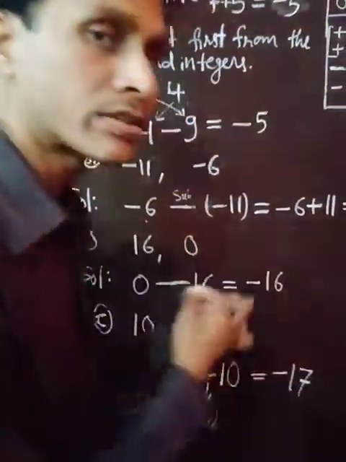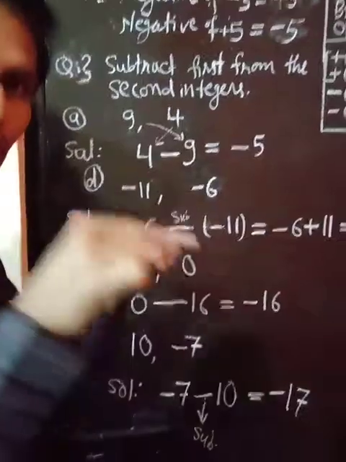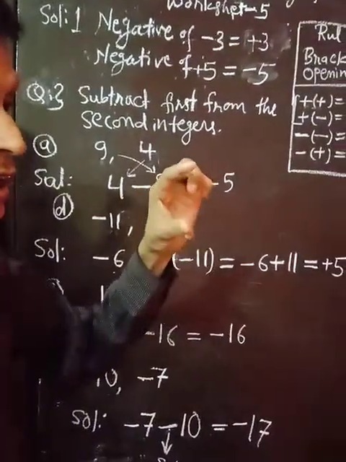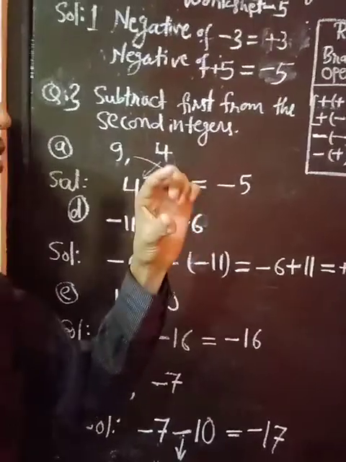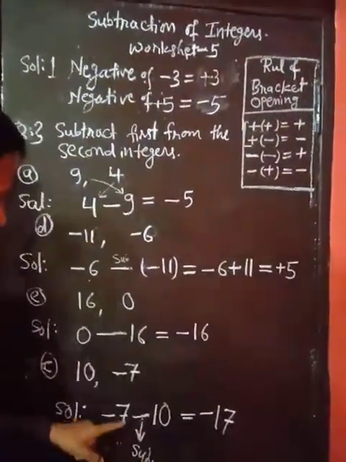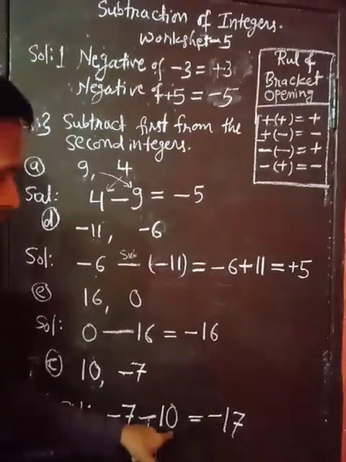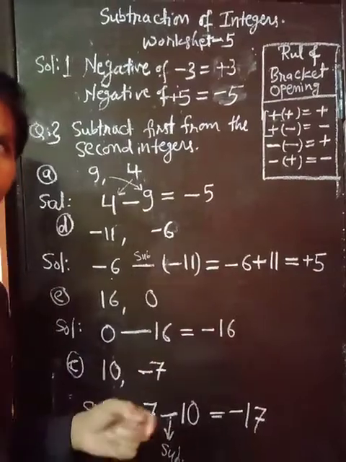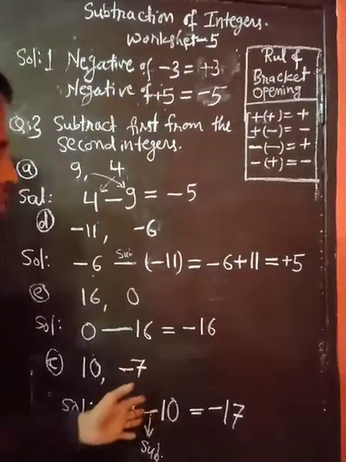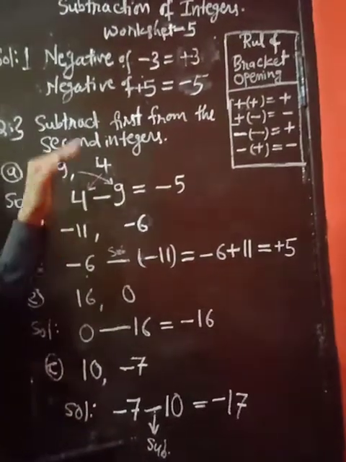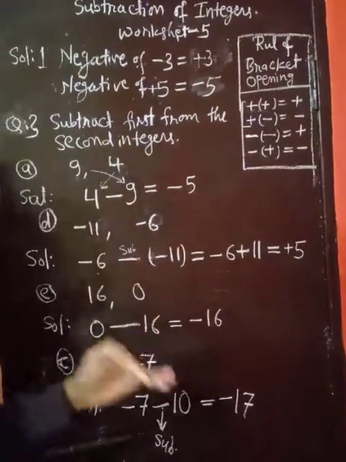There are 17 enemies. Otherwise one more method I have shown with red color objects. For the negative sign I have taken red color. So 7 red objects and 10 red objects make a total of 17 red objects. So there are 2-3 ways to understand and solve these questions carefully, particularly subtraction of integers.